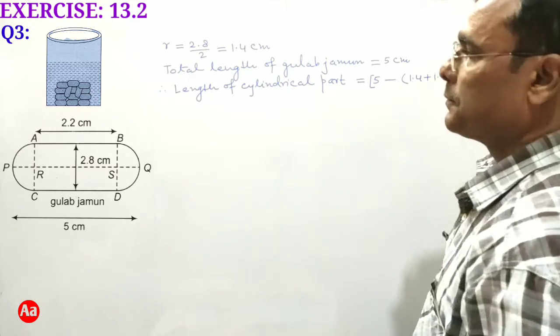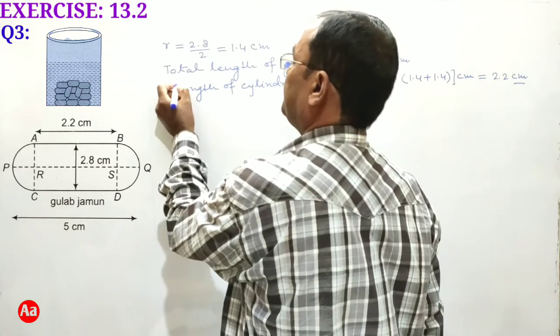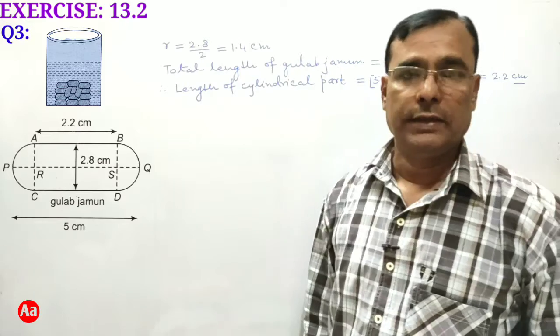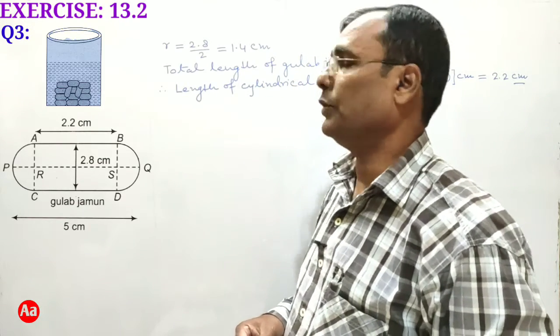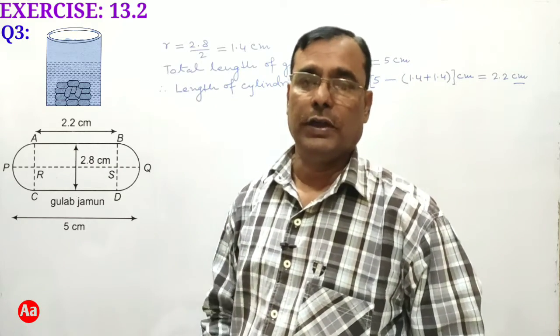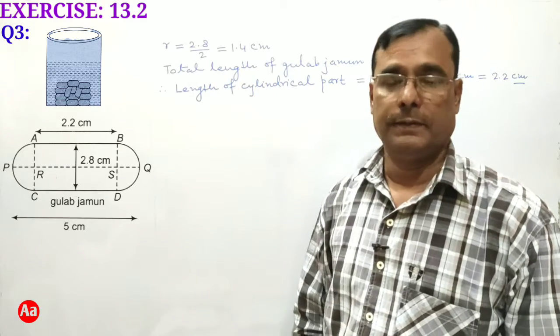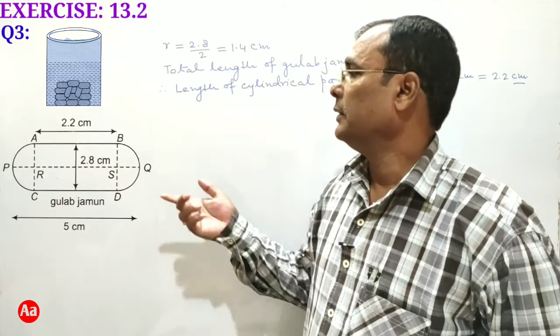So this way length of cylindrical part of the gulab jamun we have got 2.2 centimeter. Radius is 1.4; in fact, diameter of the gulab jamun is given 2.8 centimeter.